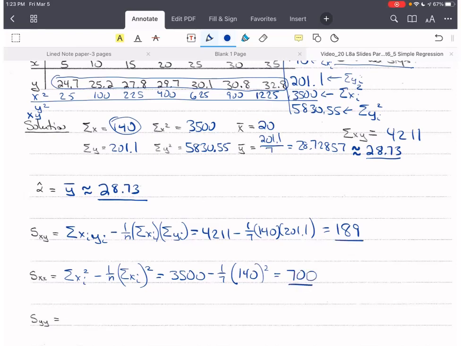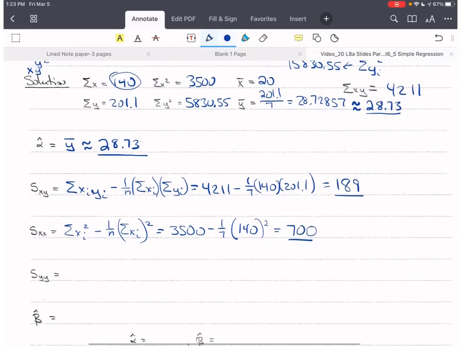Okay. And I'm going to do SYY even though I don't really have to here. So SYY is going to be the sum of yi squared minus 1 over n, sum of yi quantity squared.